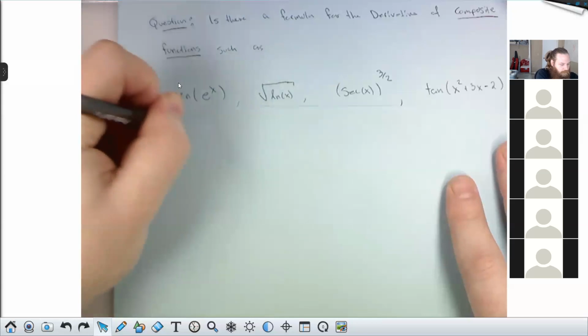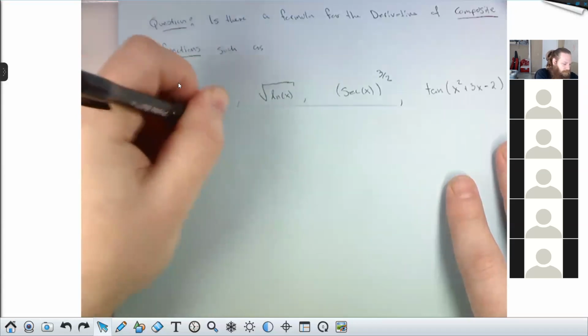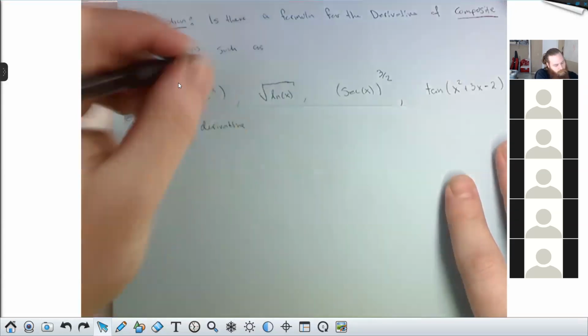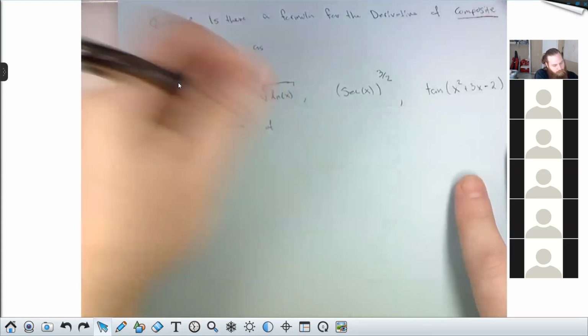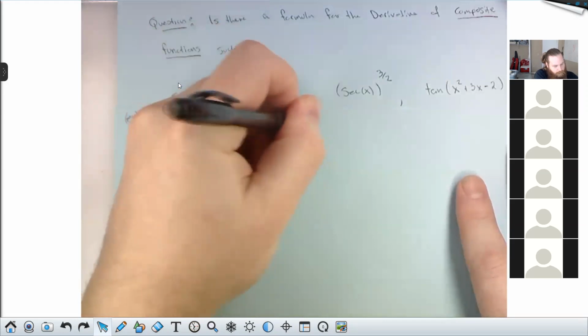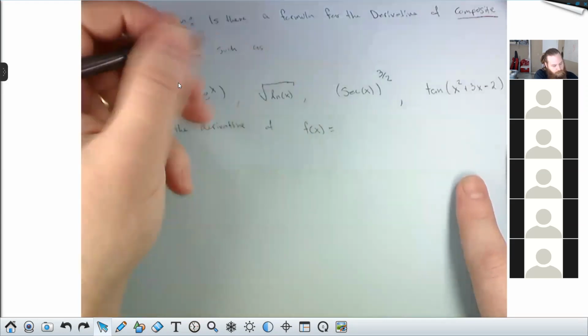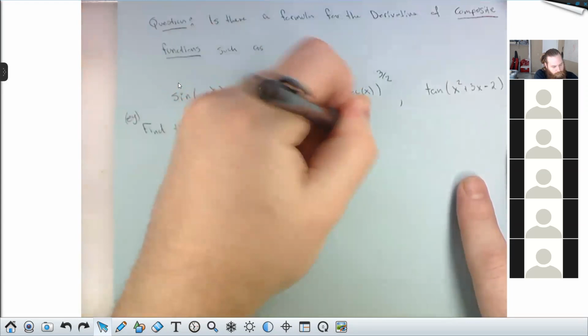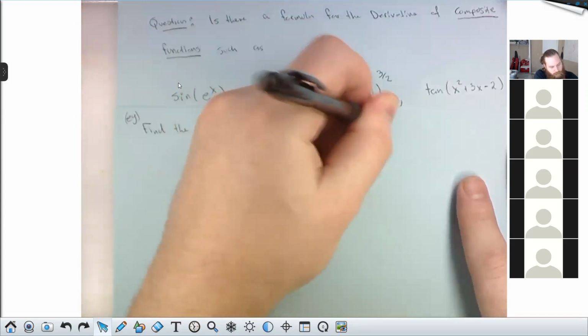I want to find the derivative of f of x equals sine of e to the x.